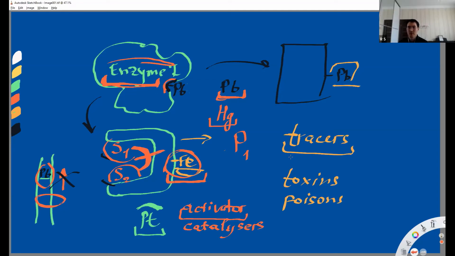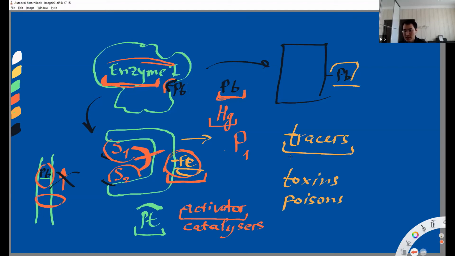It depends on the enzyme, on the element, and also on the organism. So for some species, for example, iron can be a poison. But for mammals and most of the eukaryotes, that could be our relatives, we can assume that there are the same poisons for all of these species.